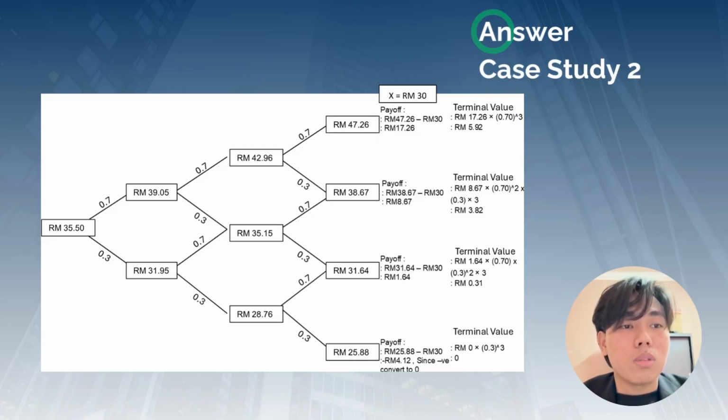So you can find it for each box in the last path, which is path 3, and you will get the answer.